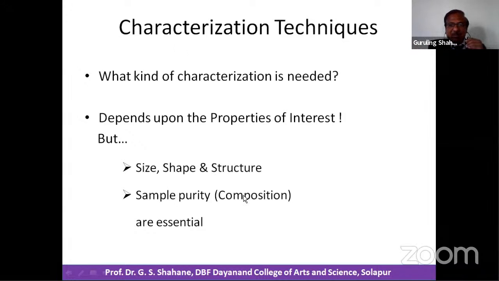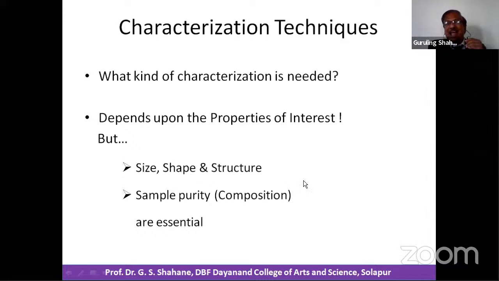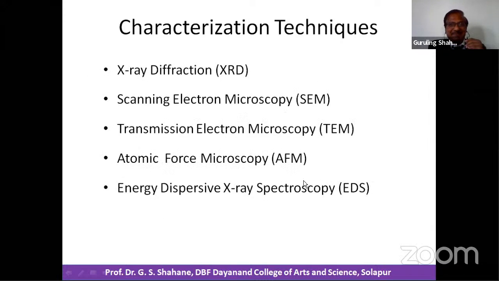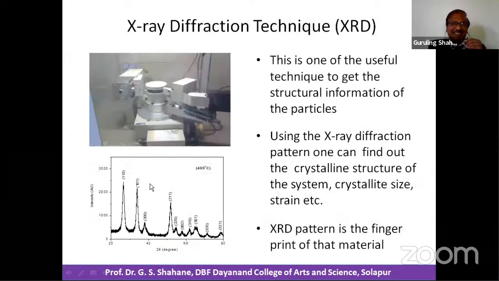Sample purity will decide whether the composition is correct or not, and properties are decided by its size, shape, and structure. For that, we have to use these famous techniques, not new: X-ray diffraction, scanning electron microscopy, transmission electron microscopy, atomic force microscopy for the structural analysis, and energy dispersive X-ray spectroscopy for compositional analysis.